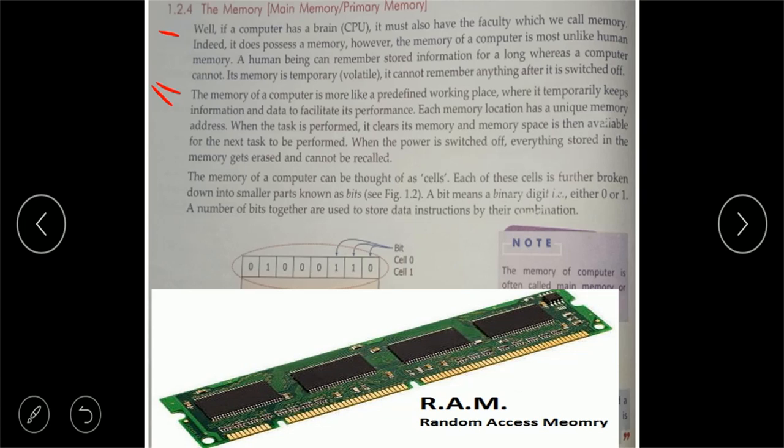Its memory is temporary, that is volatile. Volatile means it will be safe only when your computer is on. As soon as your computer is turned off, the data will be lost. That's why the main memory or primary memory is also called volatile memory.